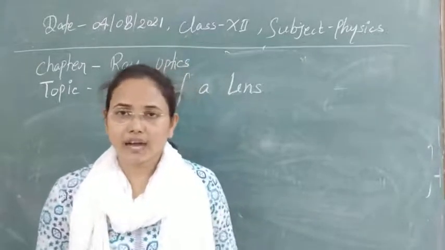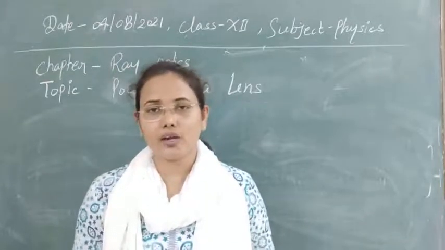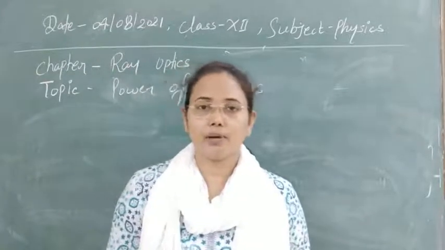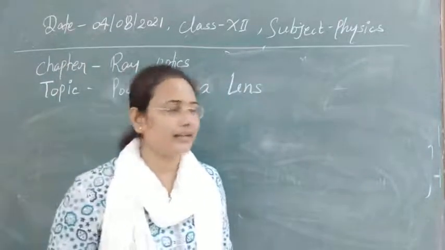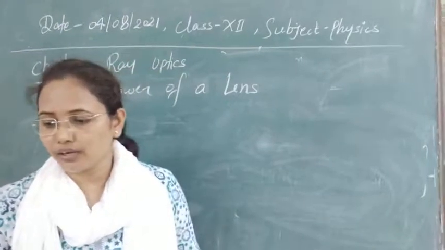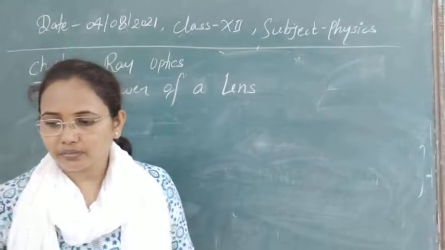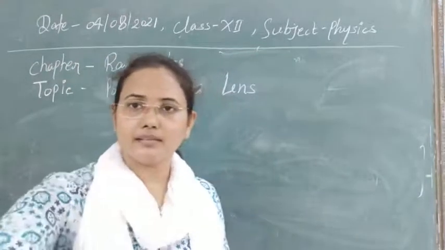So you can easily define the power of the lens by the converging and diverging ability of a lens. That is called power. And the converging and diverging ability is related to its focal length, so power is also related to the focal length. Let's see how we can write the formula for the power of the lens.